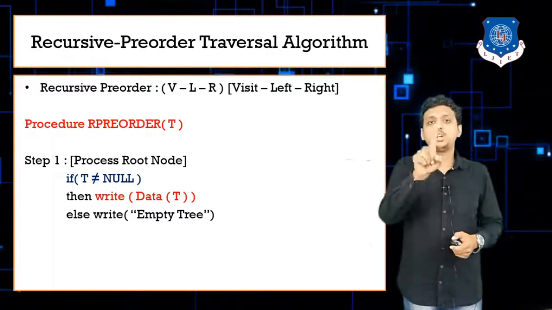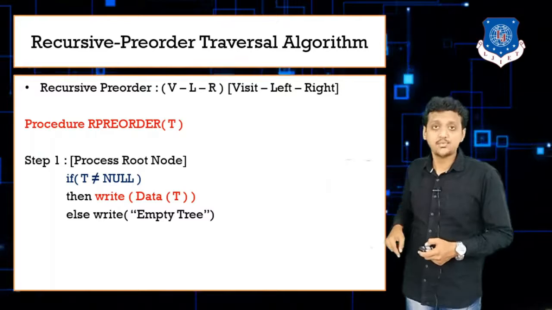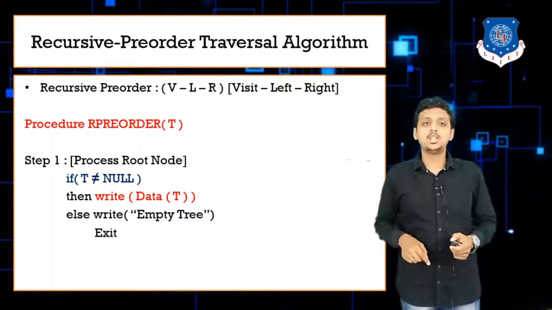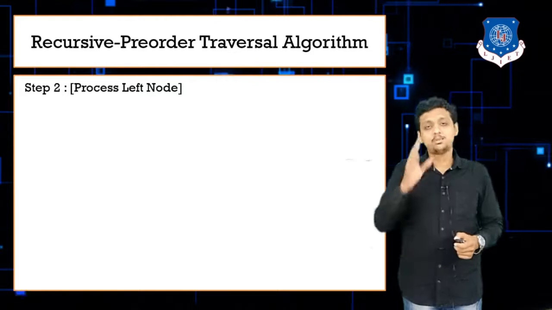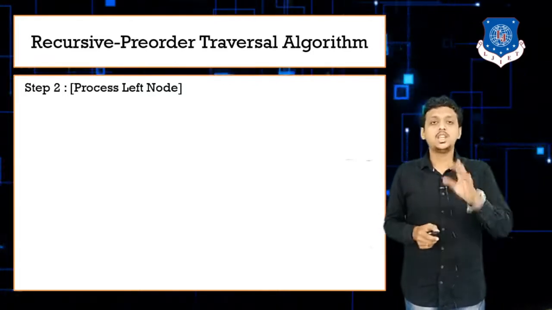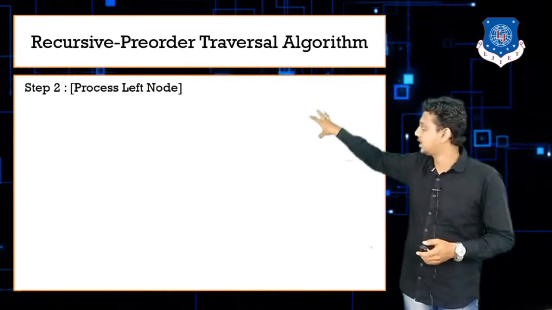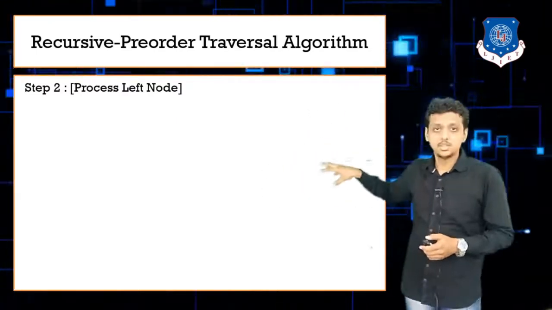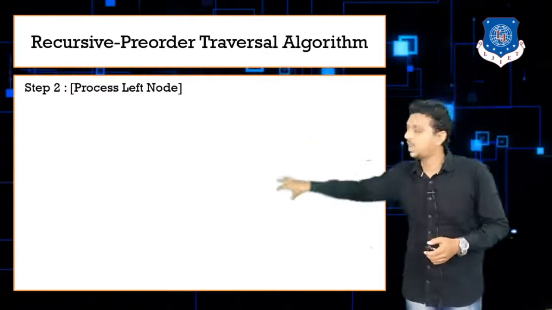Now after performing the visit operation, we just need to go to the left side. So step number 2 is process left node. Now tell me students, imagine a situation where a node does not contain any left child.